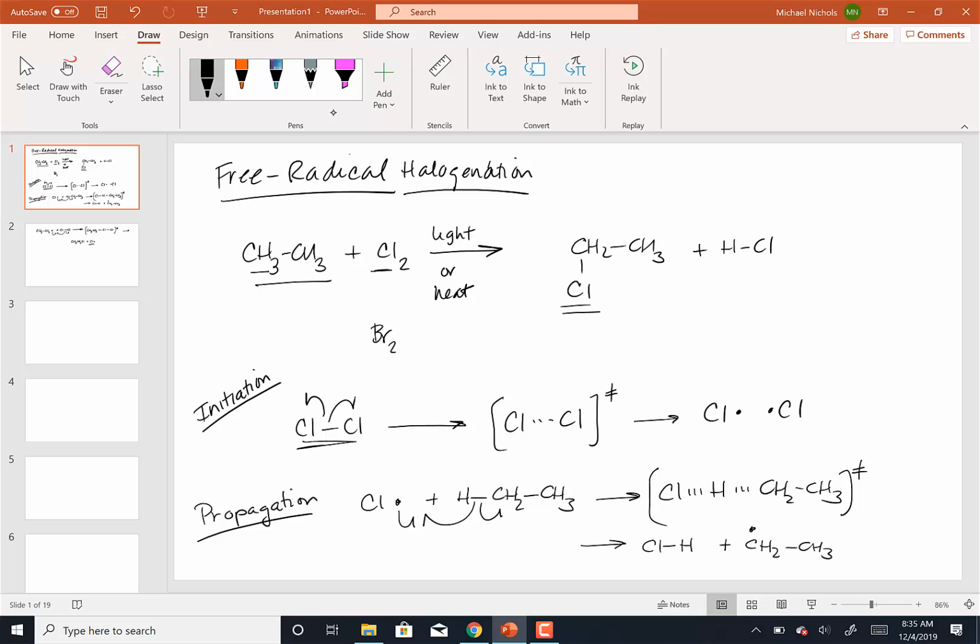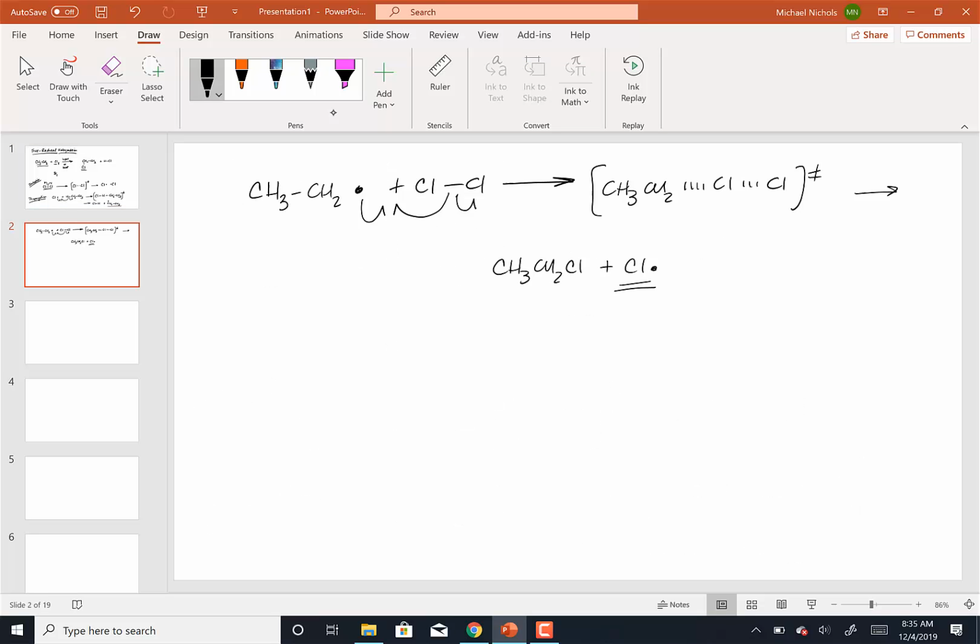Every time one of those chlorine atoms reacts, it forms a carbon radical, and every time one of those carbon radicals reacts, it produces another chlorine atom. If I looked at this mechanism, maybe 0.01% of the chlorine breaks apart in the initiation step. So not all of it does. And that's the insidious thing about radicals, because once you form them, they just keep making each other. They just keep making themselves over and over again.